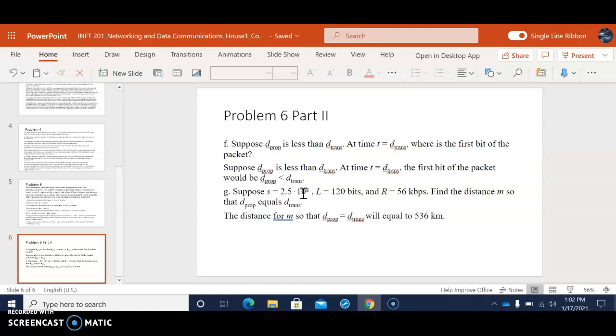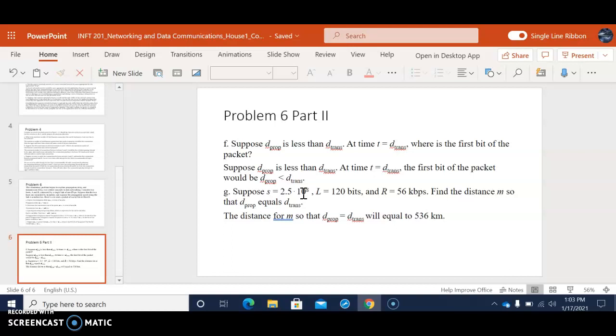Then you get 535,700,000. Okay, but then you need to divide that by 1,000, and you get 535,700, and you divide that by another 1,000. And you get 535.7. So that will be the result for m.